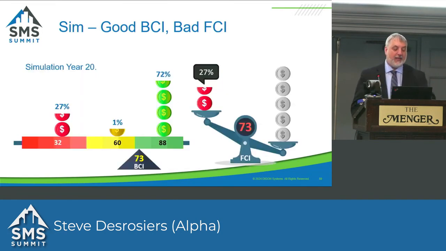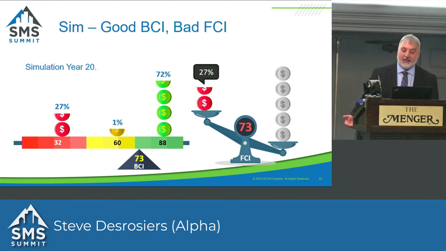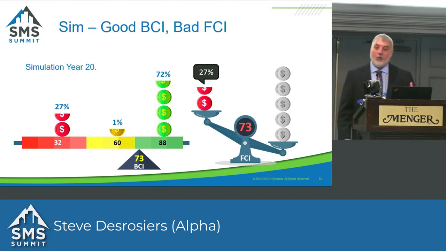And it looks like this in our plots. So we have 27% in red, which gives you an FCI of 73, only 1% in yellow, and a lot in the green, so we have a BCI of 73.